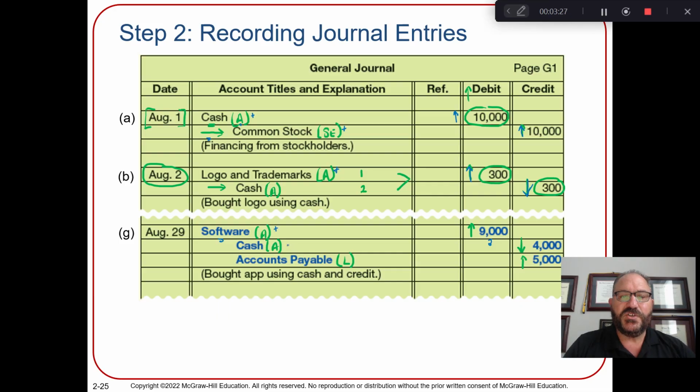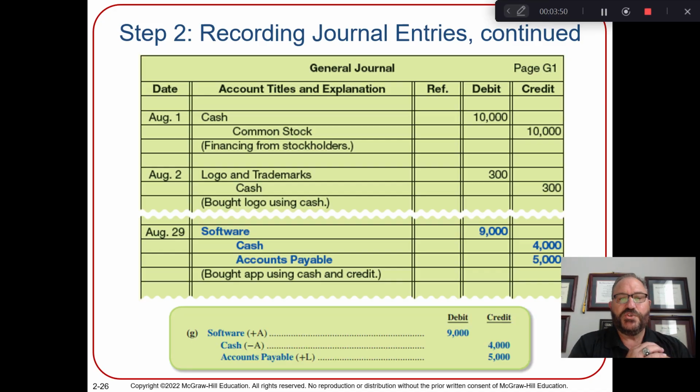This asset cash is decreasing, right? Decreasing right here. Here, increasing. And what we did was we have an account payable, it's a liability, and that liability is increasing right here. So notice we have 9,000 and 9,000. Everything stays in balance.